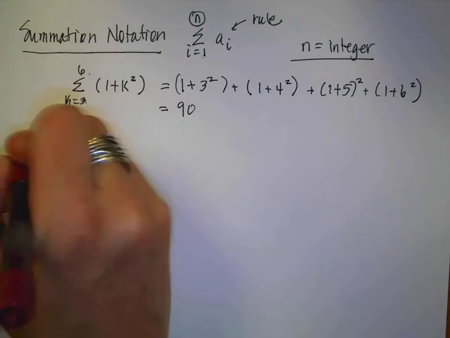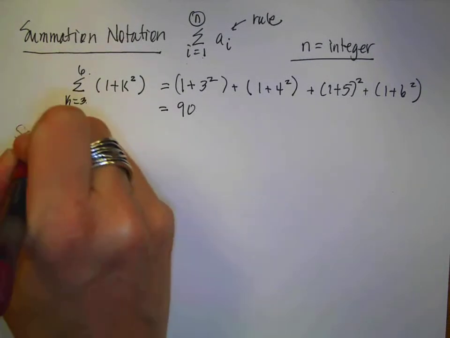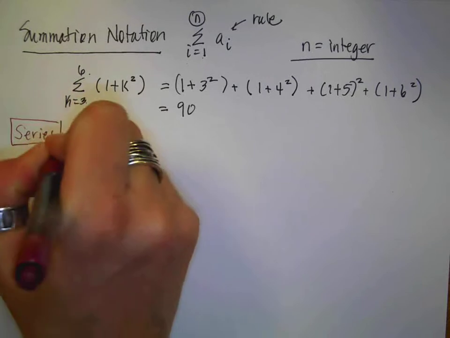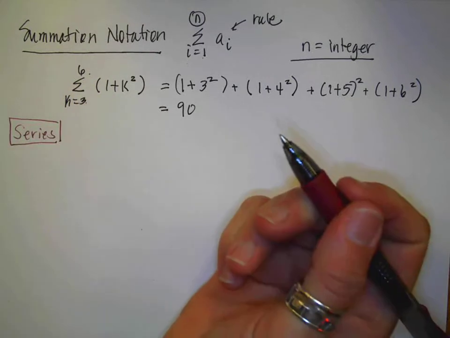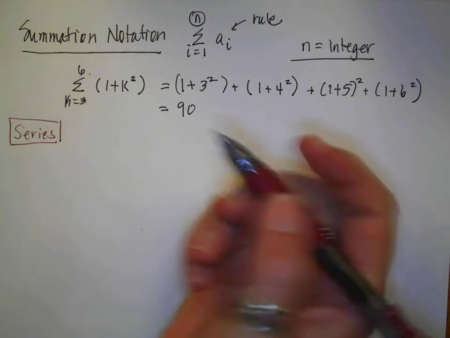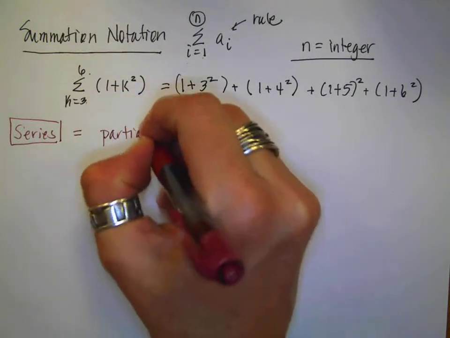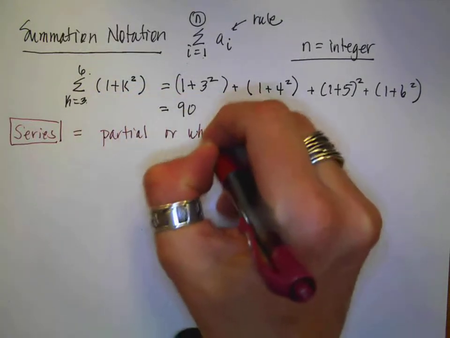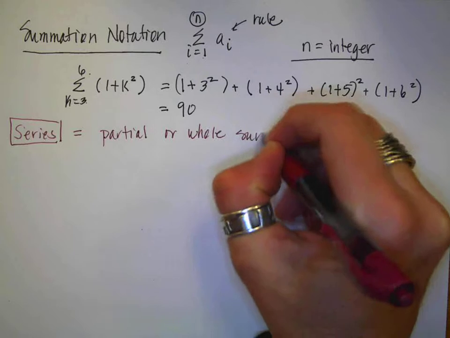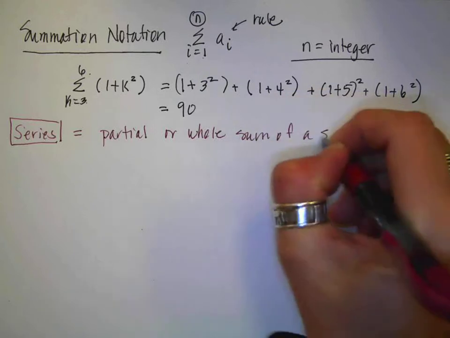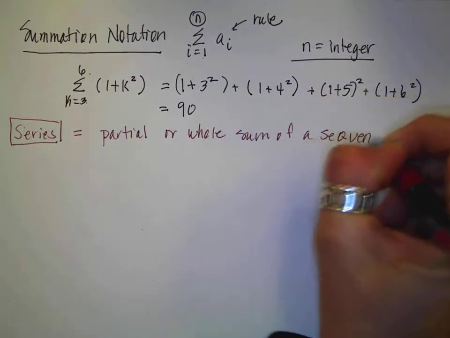The next definition, we'll change colors, at least we can get some color in here, is what's called a series, okay? So currently we've talked about a sequence, which is a collection of numbers. Well, a series is a partial or whole sum of a sequence.